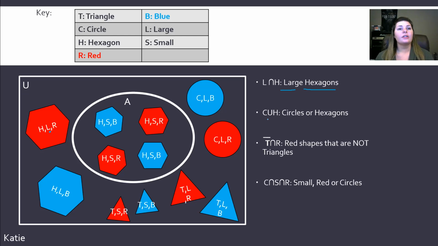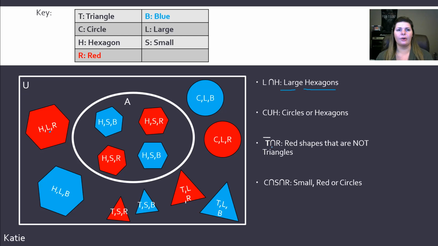Okay, so then we move on to C and H. We know here that the C's are circles and the H's are hexagons. So we would label that circles or hexagons.